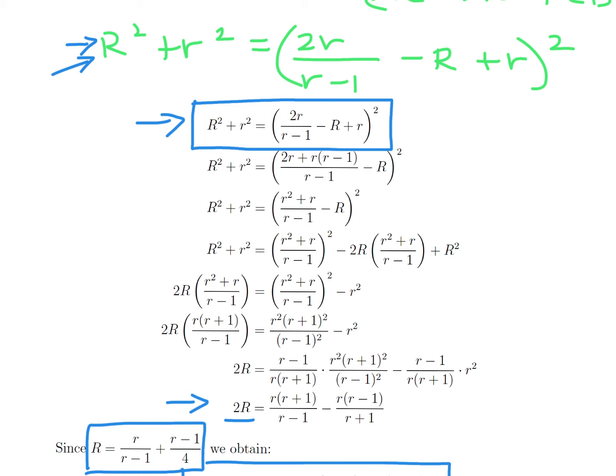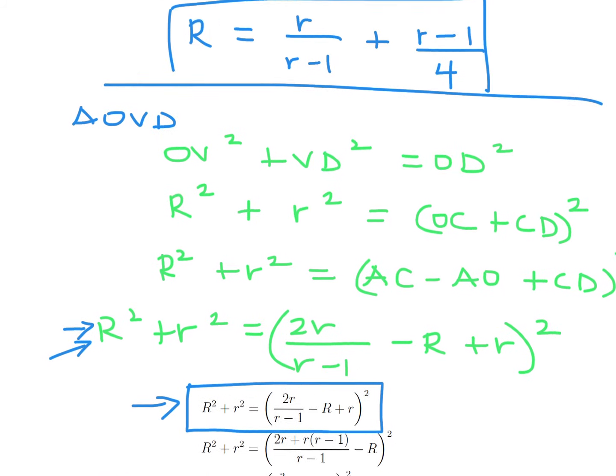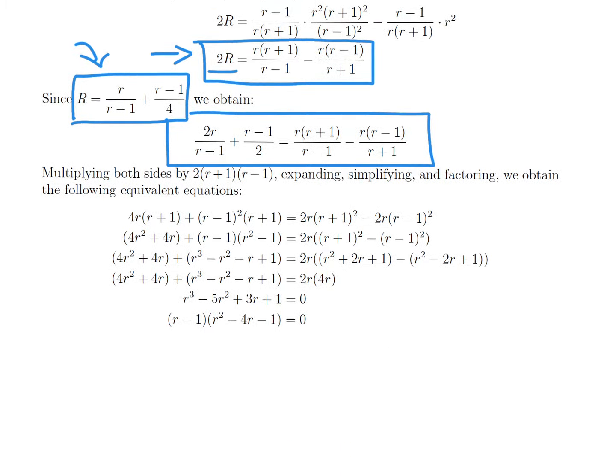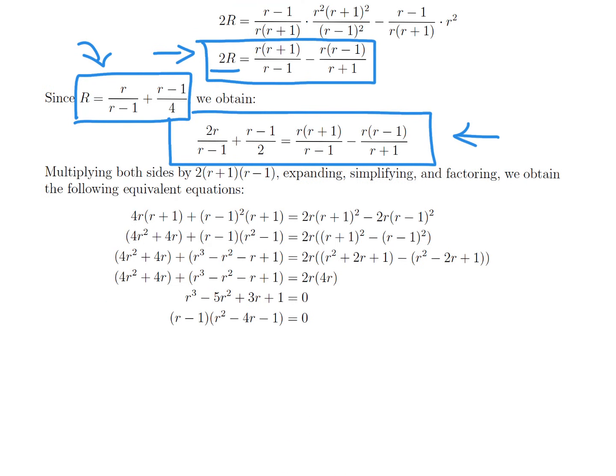So you simplify it down to this guy, and then you substitute this R, which is what I had figured out up here. And when you substitute it, you get this big long thing. And then again, we have to simplify and collect like terms and all that. And when you do, you get this, and then finally you get to this. So this is the end result of that monstrosity to try to figure out what R is.